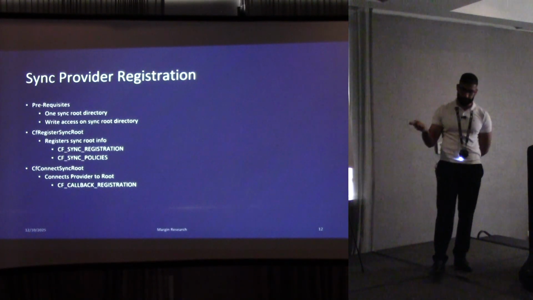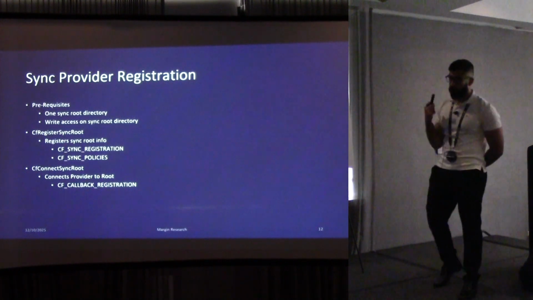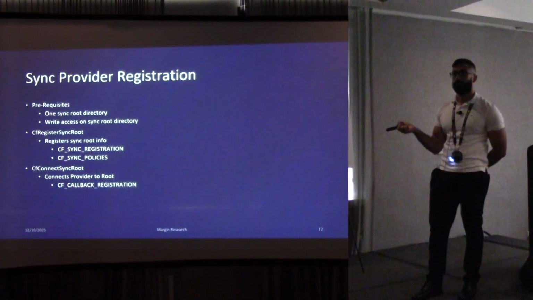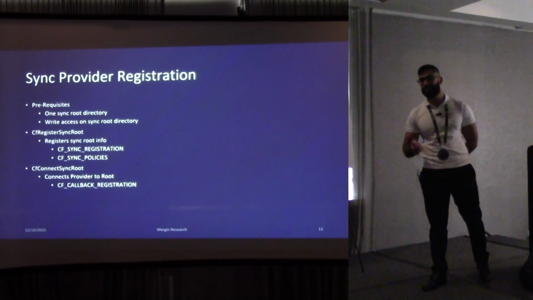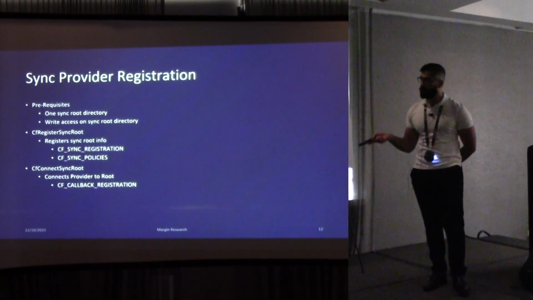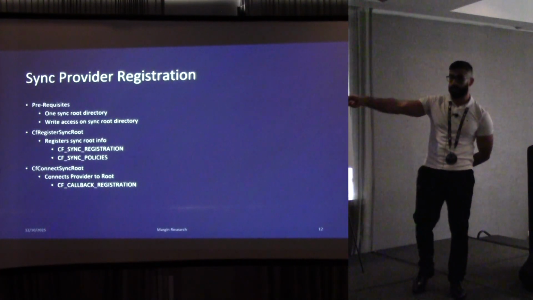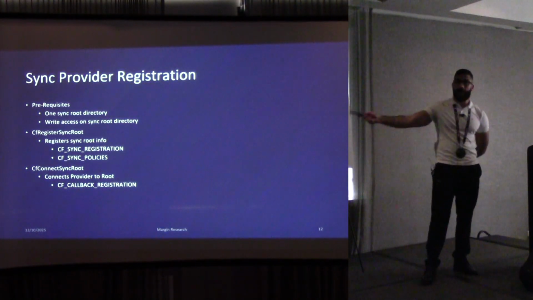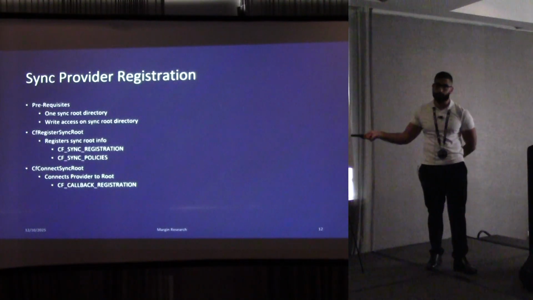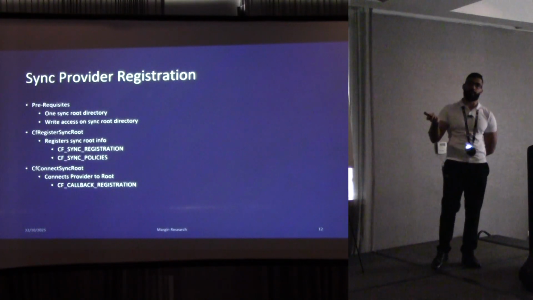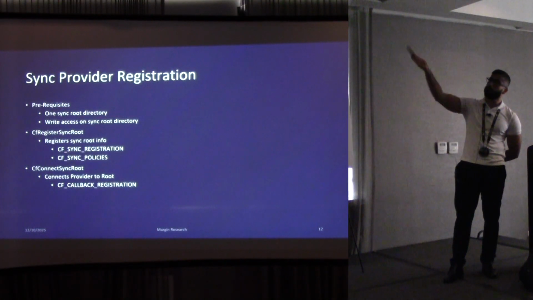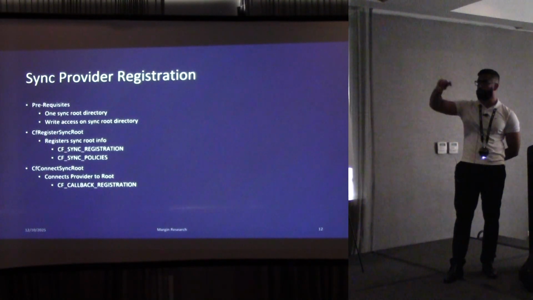But let's say the driver got a file read operation on a placeholder file that wasn't hydrated, so it doesn't have data there. What the filter manager is then going to do is call one of these registered callbacks in the connect sync route function, and ask it for the data. So in the case of a placeholder being opened, the filter manager is going to call your OneDrive application. It's going to say, hey, I need the data for this. The OneDrive application is then going to go talk to the internet, fetch the data, bring it back, and then provide it to the driver.